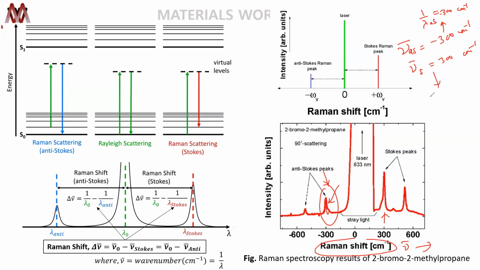And from here you can calculate the wavelength of the Stokes line: 1 by lambda Stokes is equal to 300. If you know lambda, you can calculate the corresponding nu, because nu is c by lambda. So you can calculate nu, and then you can calculate energy. Okay, I hope you all understood it.